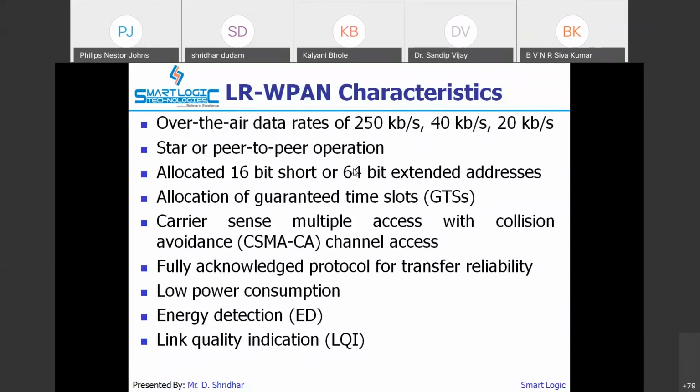For each device, there is a unique address. We can allocate either a 16-bit short address or a 64-bit extended address. In the case of Zigbee, we use the 64-bit extended address, but for wearable devices, the 16-bit short address is sufficient.